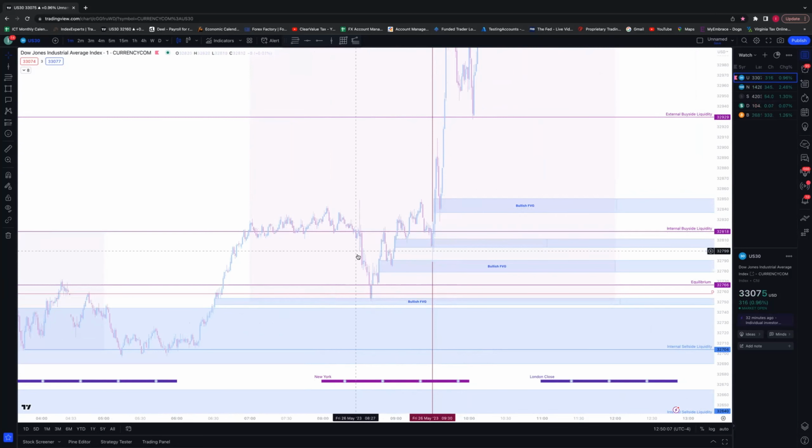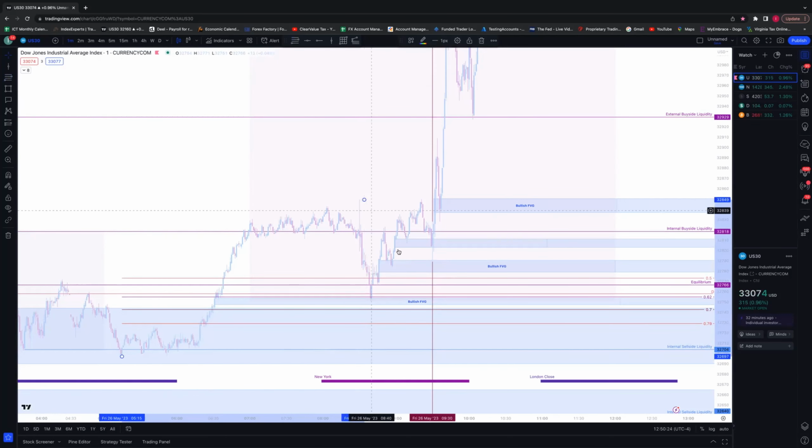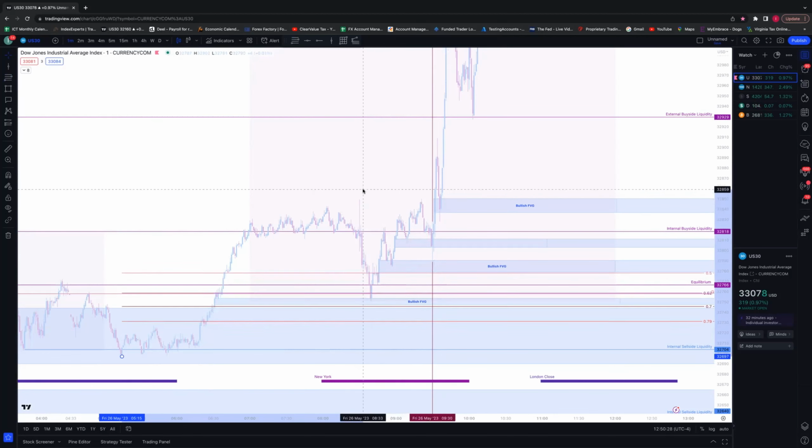So we took liquidity, expanded towards the downside, below equilibrium, because you want to buy below equilibrium, want to buy in discount area. And you can measure with your fib as well, which was around, then again, around 50%.